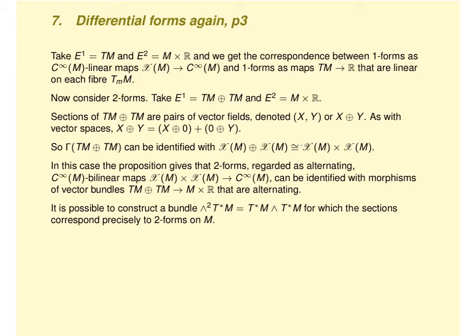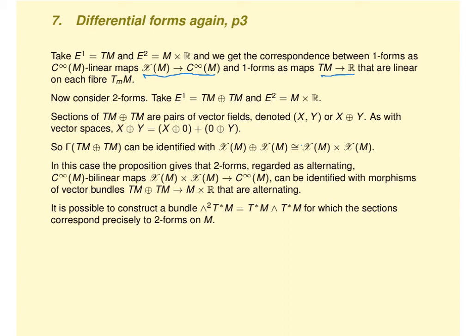So if I take E1 to be Tm, the tangent bundle of the manifold, and E2 to be the trivial bundle m cross r, we get the correspondence between one-forms as C infinity m linear maps, function linear maps, from vector fields to smooth functions. That's on the one hand, and one-forms as maps from the tangent bundle to the reals that are linear on each fibre. And that, of course, is very close to sections of the cotangent bundle.